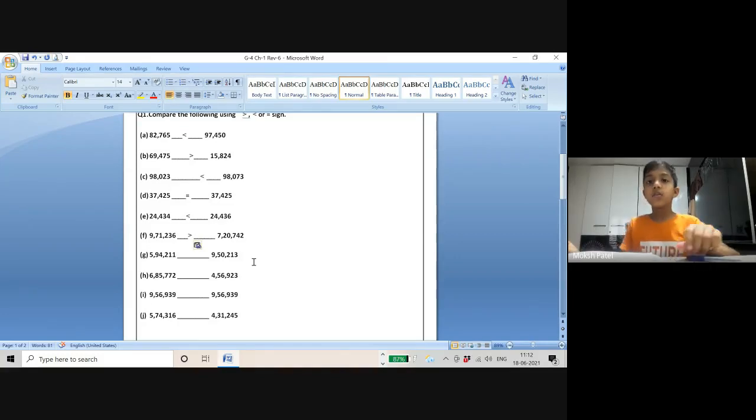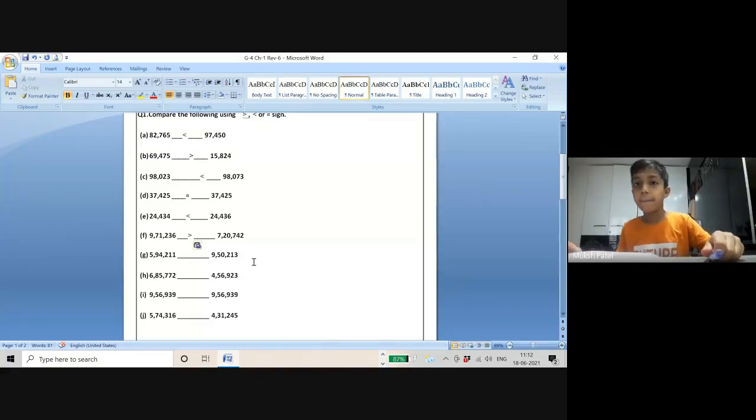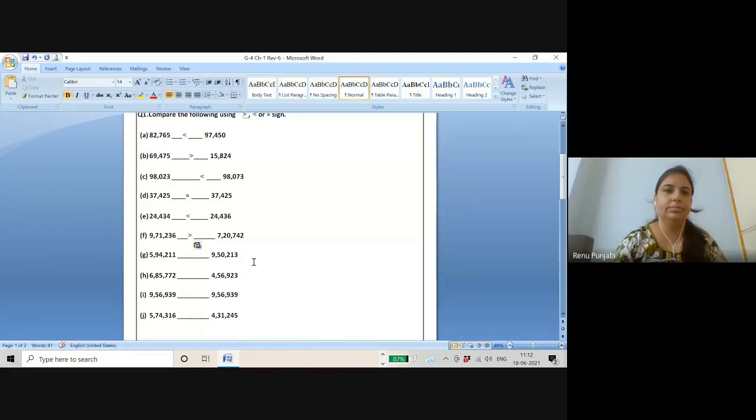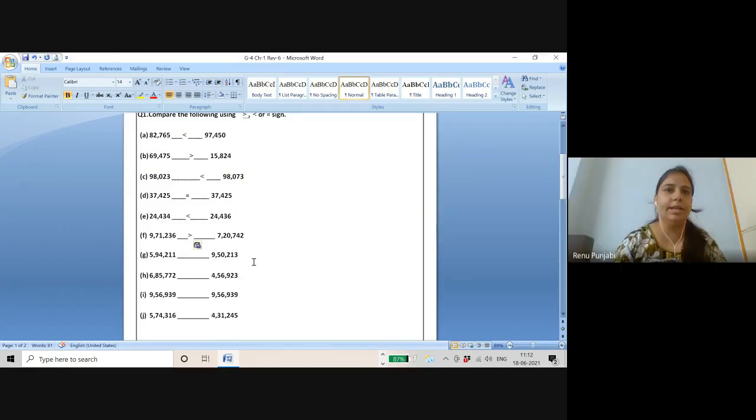5,94,211. 9,50,213. So which sign will I put? 9,50,213 is greater, right? So I will put the lesser sign here.